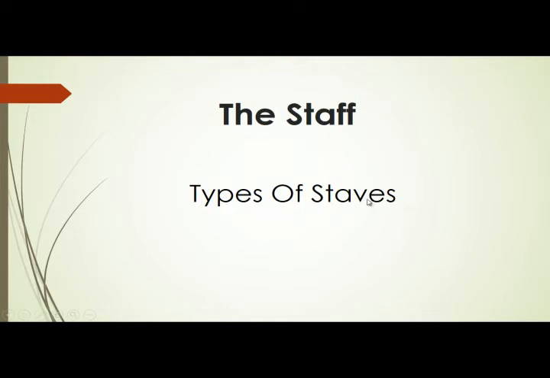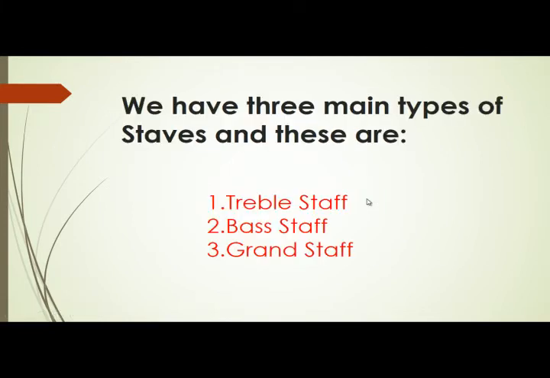All right. We have 3 types of staves, and mainly these are the main ones: 1, treble staff, 2, bass staff, 3, grand staff. These are the main types of staves that we have in music.